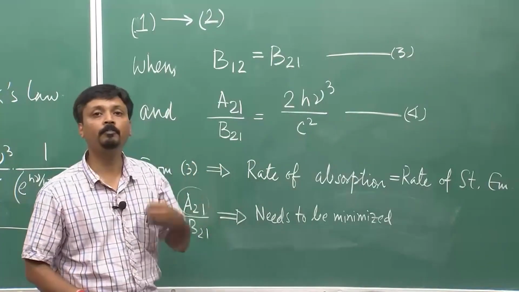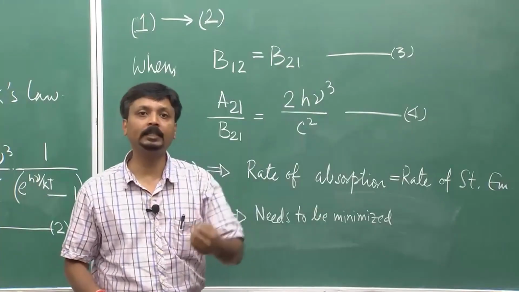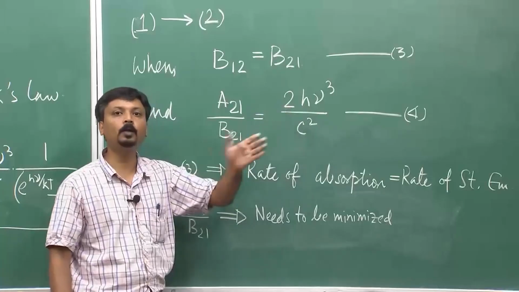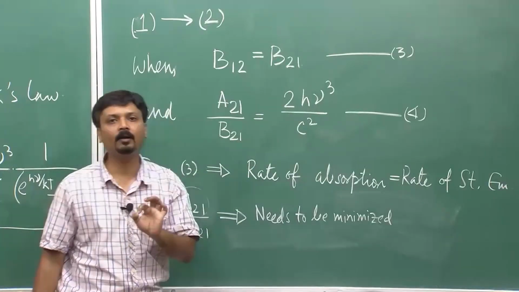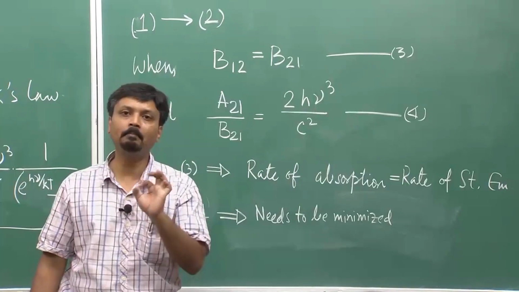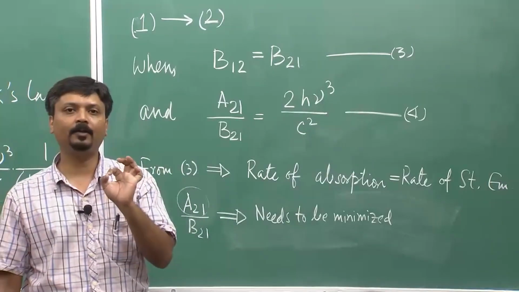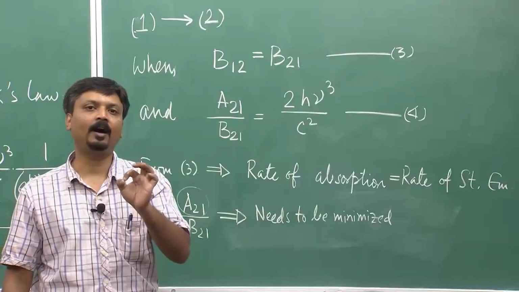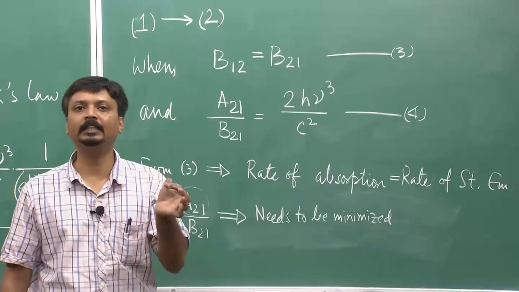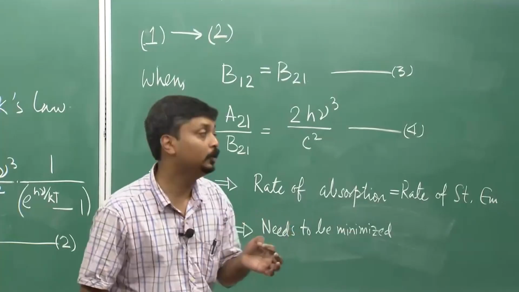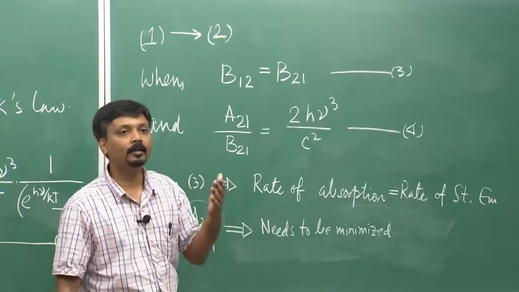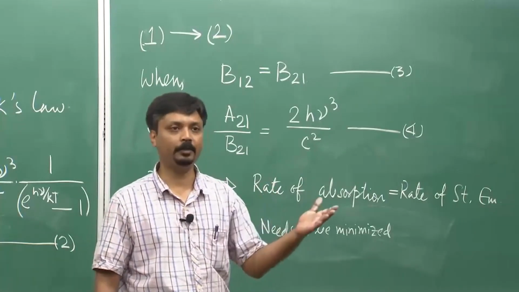Thereby, my job will be very, very difficult to achieve laser action at a high frequency compared to a lower frequency. And if you remember my first class, I mentioned that getting lasers at a higher frequency is a very challenging job, and that is one of the reasons that people struggle to get lasing action in the optical frequency.